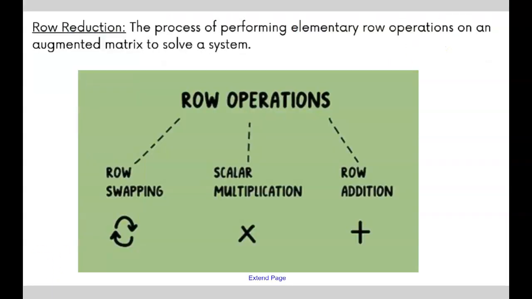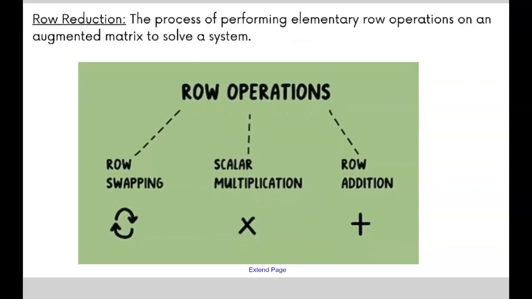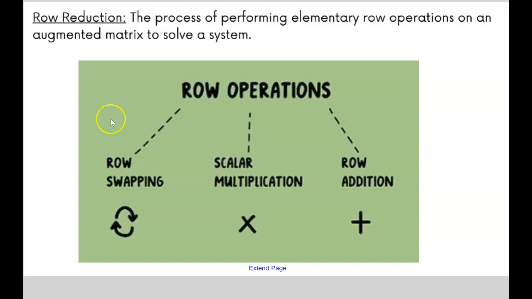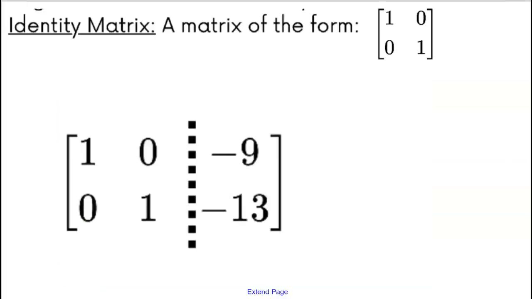Now, the reason I did all that is to get a particular way of finding the solution. So let me show you. This is an identity matrix, a matrix of the form 1, 0, and 0, 1. This is where we talk about ones and zeros. When you have this, the numbers on the outside are your actual answers.